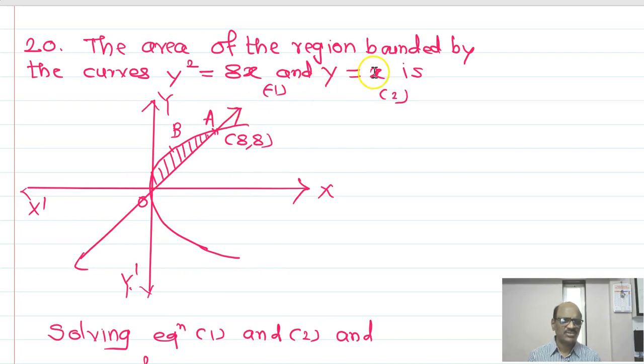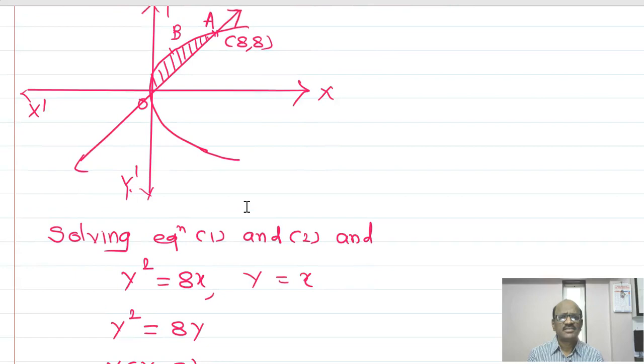Now here you substitute y is equals to x, that is x square is equals to 8x. Take x as common, then you will get x is equals to 0 or x minus 8 is equals to 0. Therefore, the points of intersection of this line and the parabola are (0, 0) and (8, 8). And then we will find out the area below this parabola and the area below this line and their subtraction. Then you will get the required area.